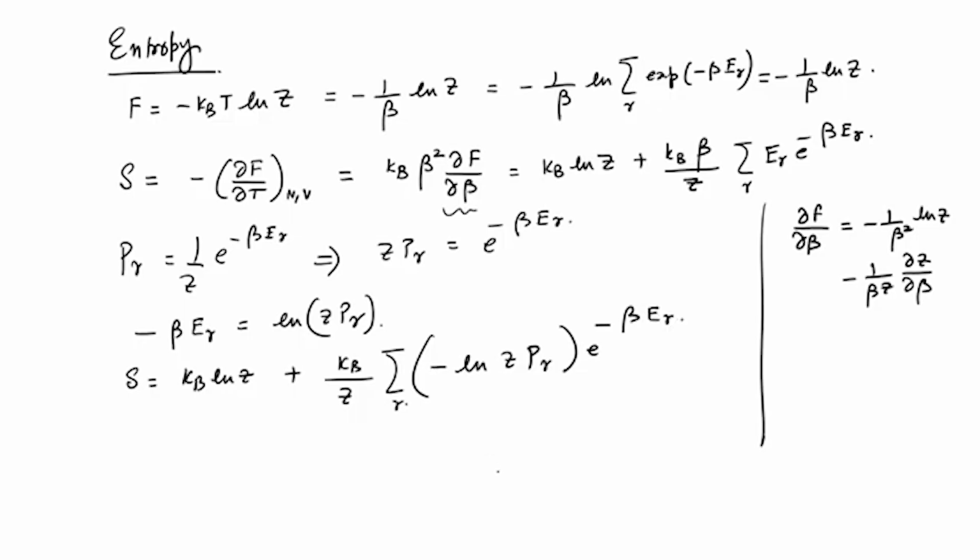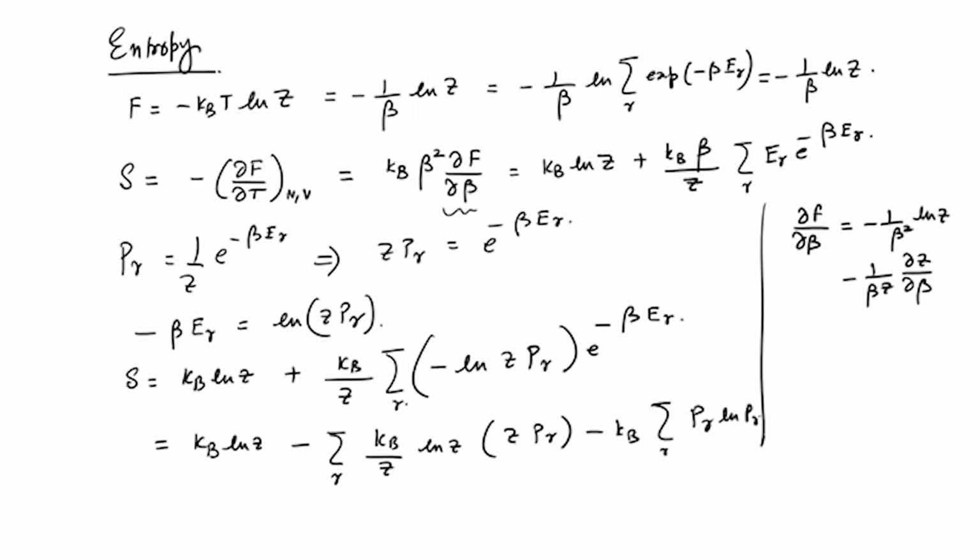This is simple to find. It is k log Z minus the sum over r of k by Z log Z times Z P_r, and minus k sum over r of P_r log P_r. P_r is given here. And this Z will cancel.